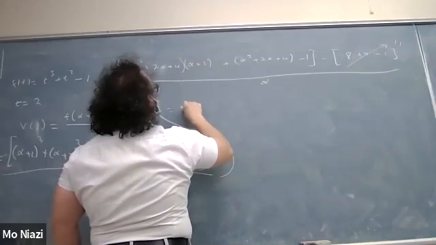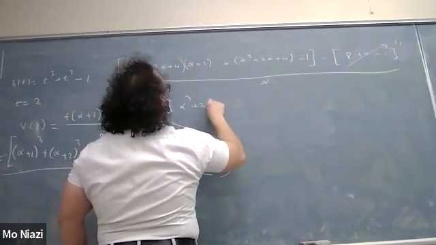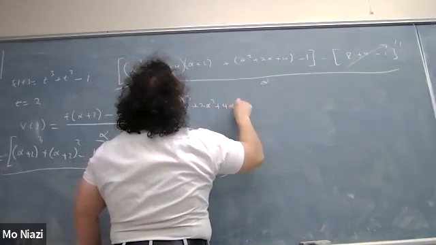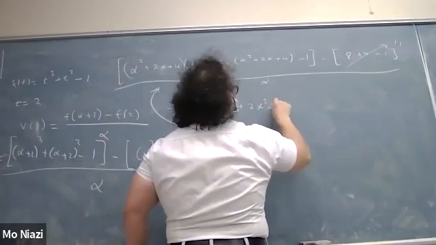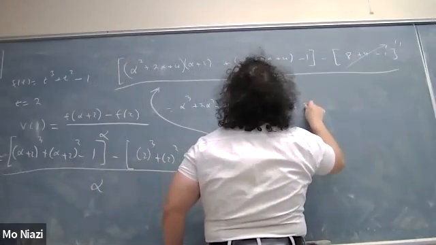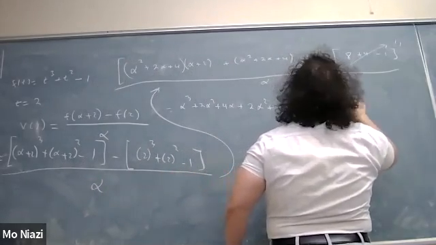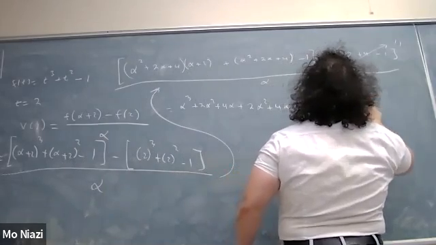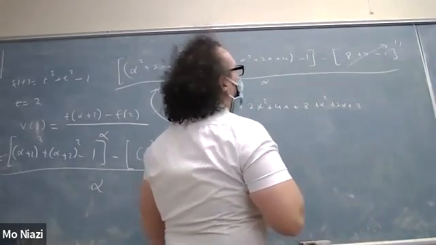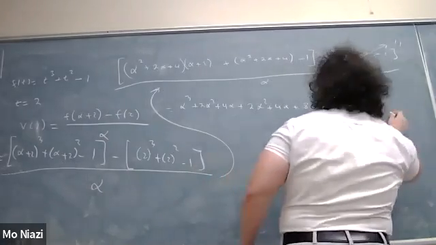So then this becomes alpha cubed plus 2 alpha squared plus 4 alpha plus 2 alpha squared plus 4 alpha plus 8, plus alpha squared plus 2 alpha plus 3, minus an 11.